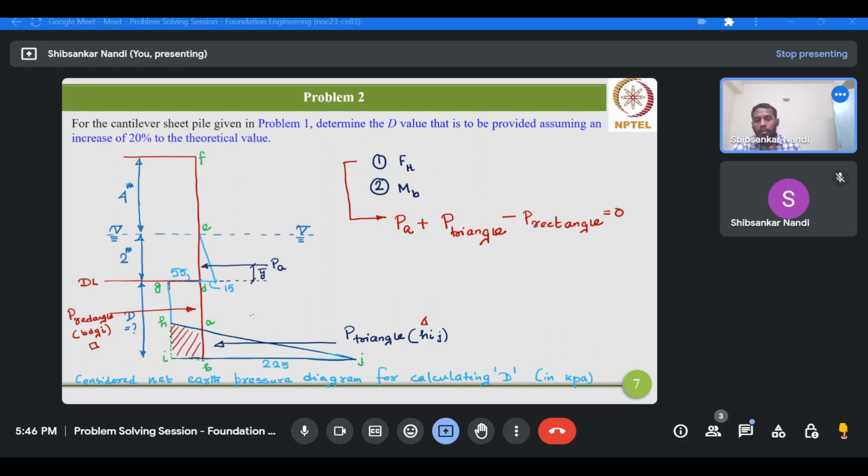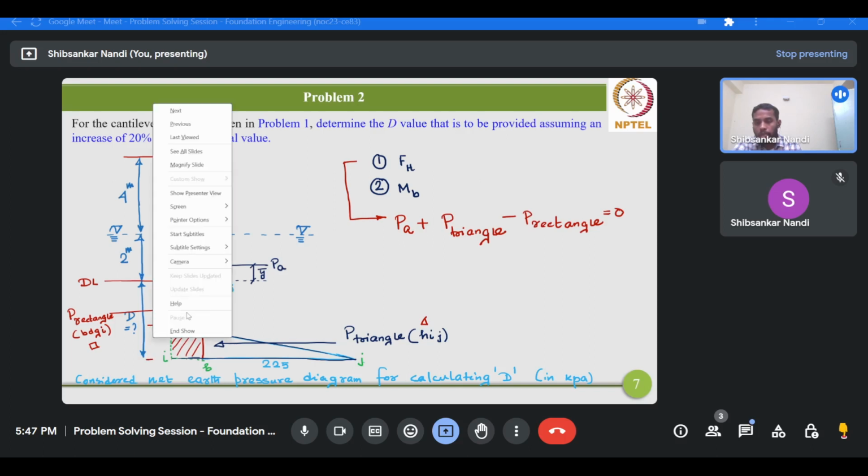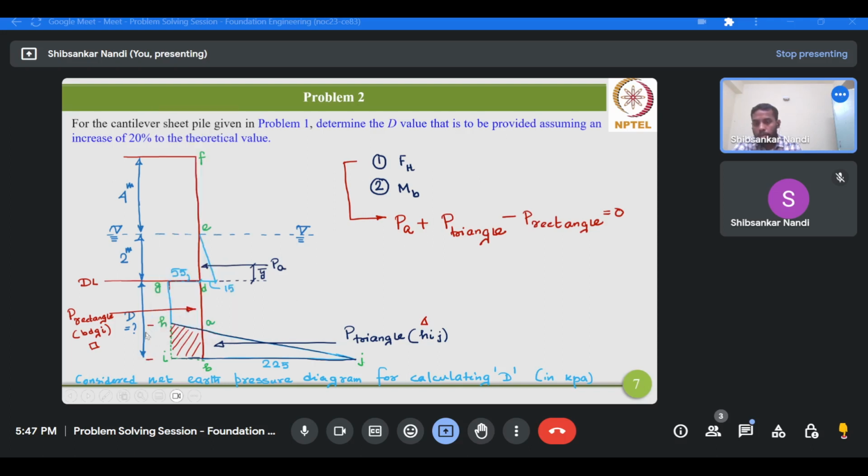And next, for that we'll introduce one more variable, and that is called Z. So this is the height of this triangle HIJ from the base of the wall.